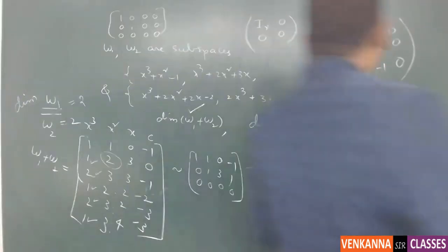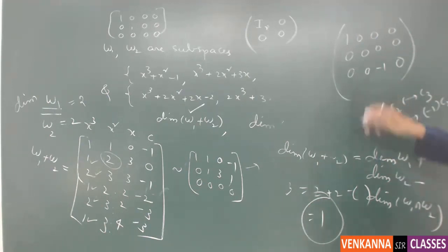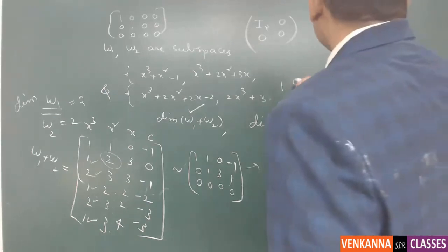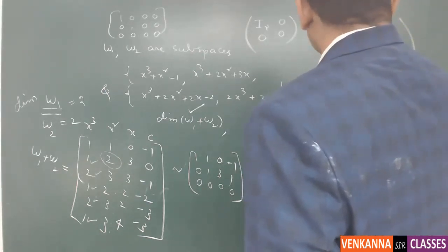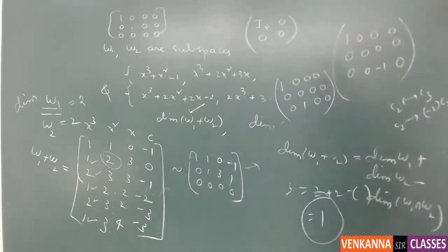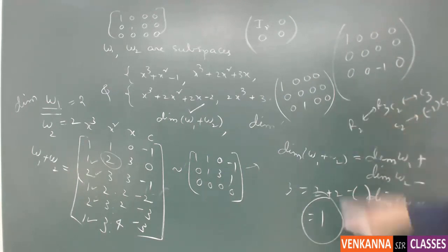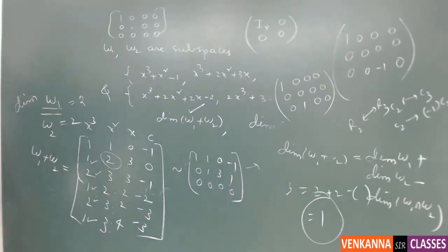So if you say that C2 and C3 are interchanged, C3 is multiplied with -1, then the result will come like this. Then if you interchange the rows, obviously you will get the identity matrix. Accepted?